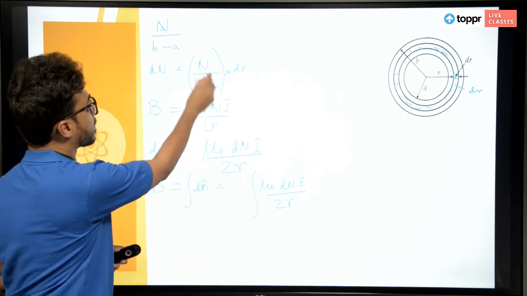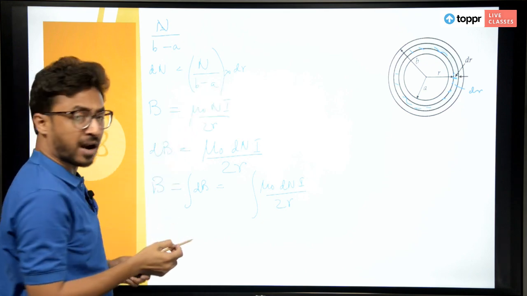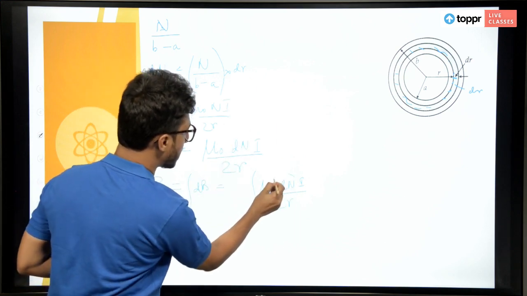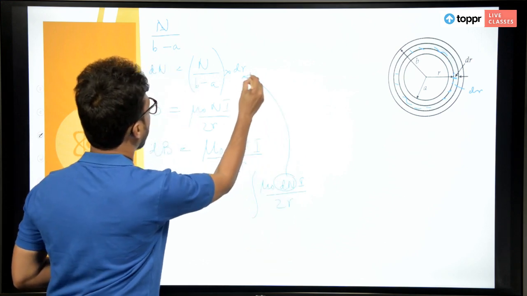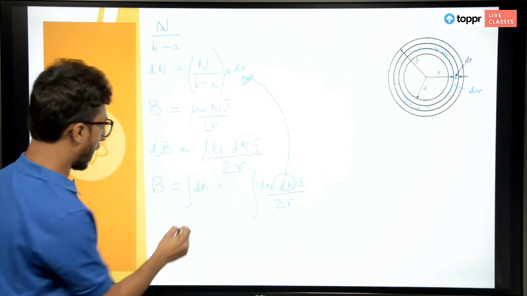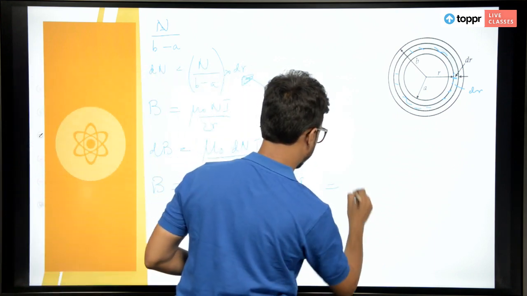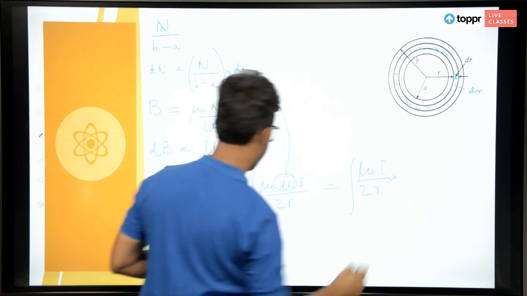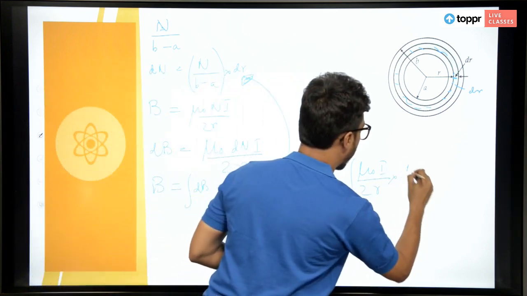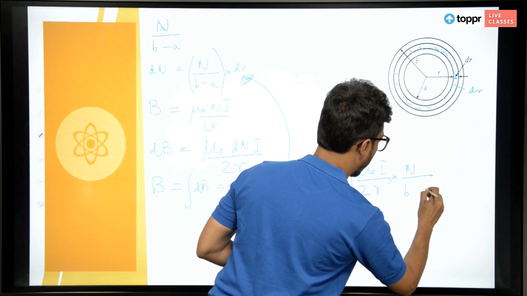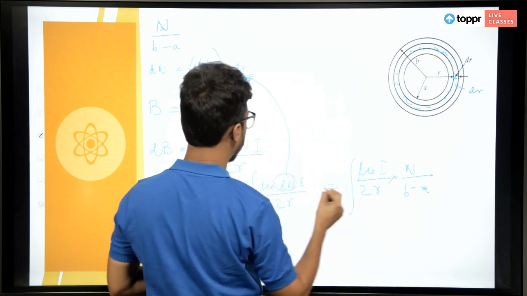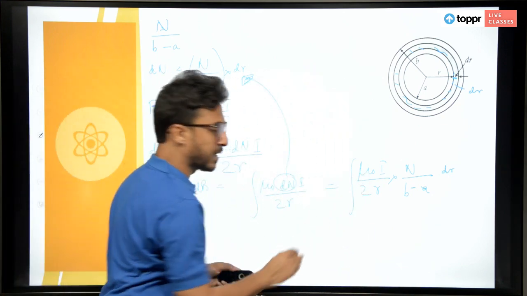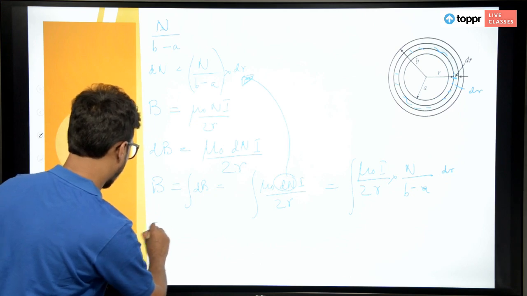dn can be substituted, where the variable is r, because for r we need dr for integration. So we can change dn by this equation and we can write mu 0 I by 2r. dn is nothing but n by b minus a into dr. Now see, r and dr, they are the variables, other things can come outside.